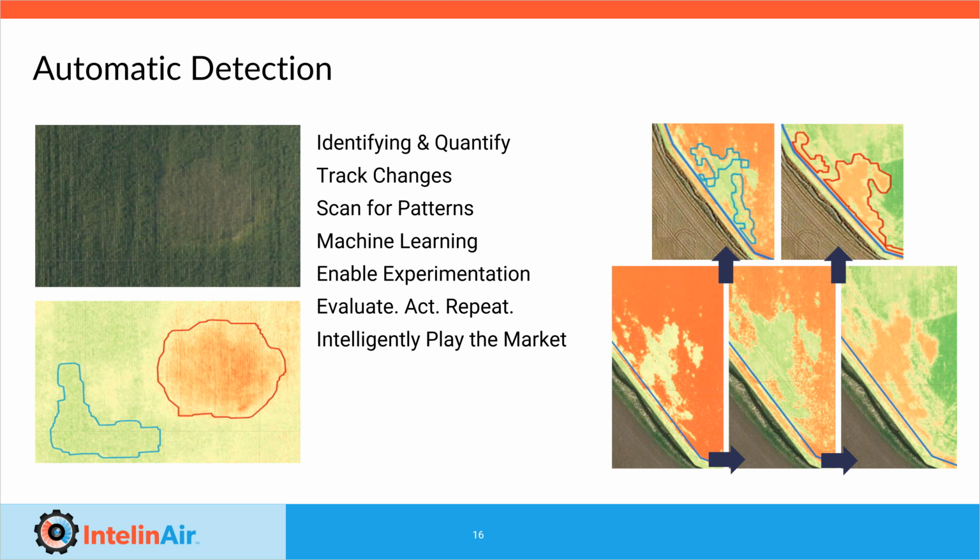There's a new class of computer vision, machine learning algorithms. There's been a lot of development. I mentioned a few slides ago in the world of sensors, where they're getting increasingly better. There's also, in parallel with that, been a lot of development on the computer vision and machine learning side.